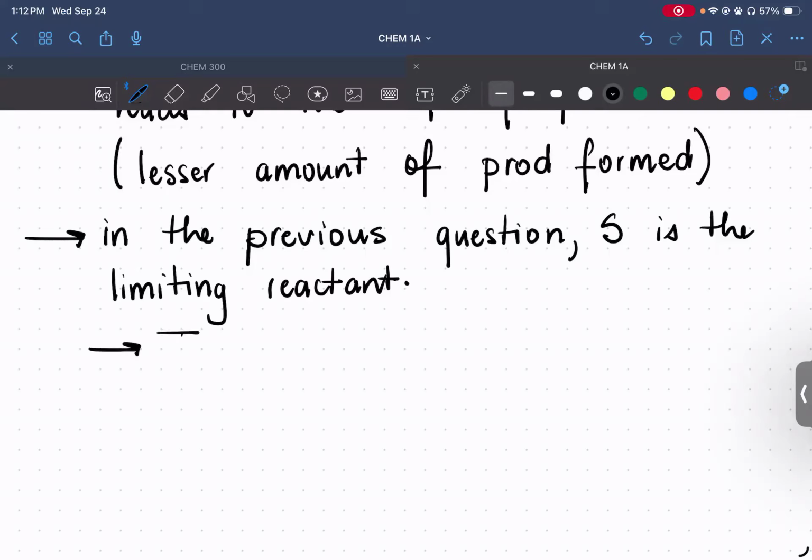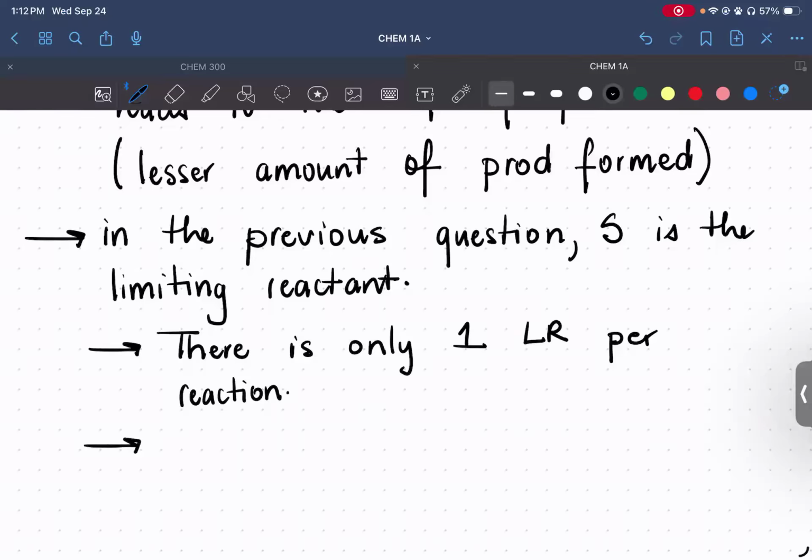In general, there is only one limiting reactant per reaction. This is true, like I'd probably say like 99% of the time. Very rarely is it possible for multiple things to be the limiting reactant.